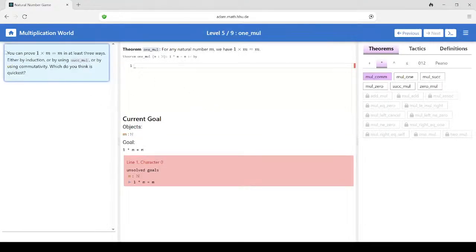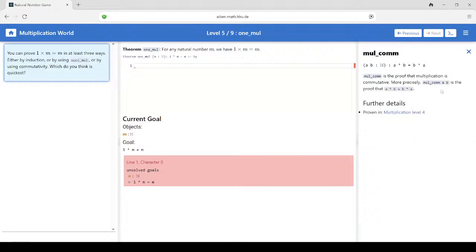Next one. You can prove that 1 times m equals m in at least 3 ways, either by induction or by using successor multiply or by using commutativity. Which do you think is quickest? I'm guessing commutativity is quickest. The proof that a times b equals b times a.